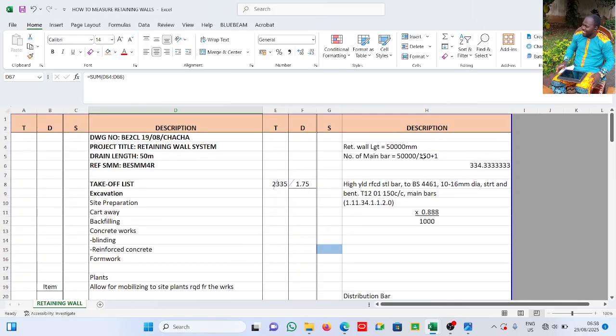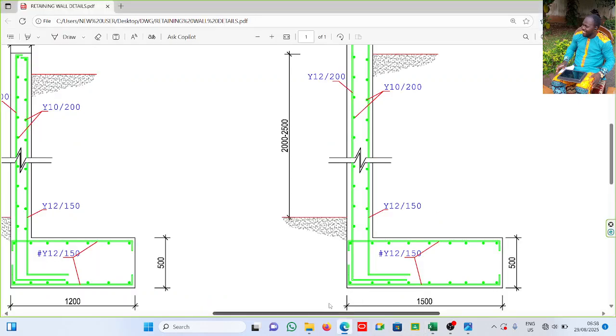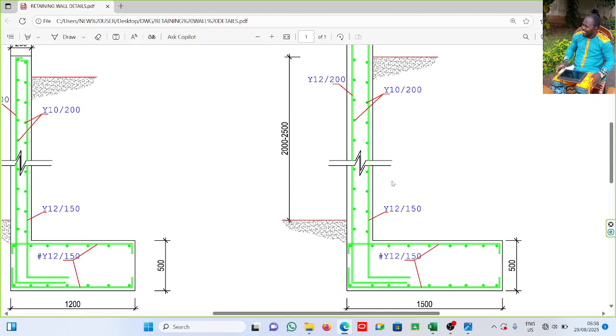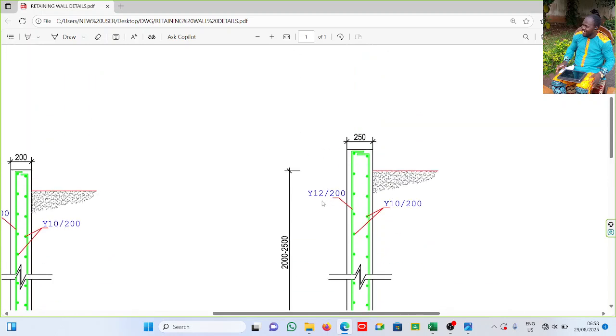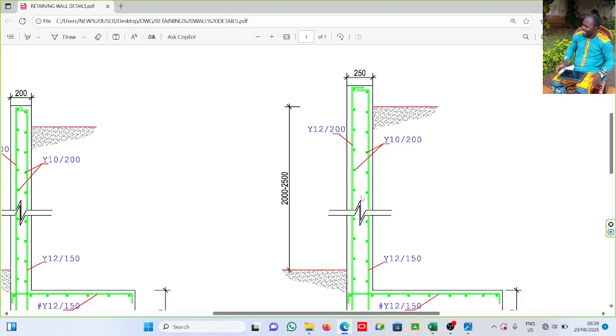Now, retaining wall length is 50,000. For me to know how many bars I'm going to have, we are told that this is one thing that drew me to this particular drawing. For the one in the front here, it is Y12 at 150 center to center, while the one at the back is Y12 at 200 center to center. In most retaining walls, they are the same.